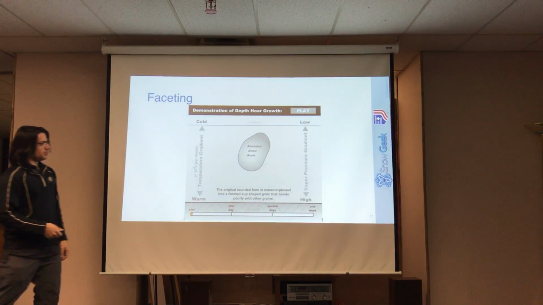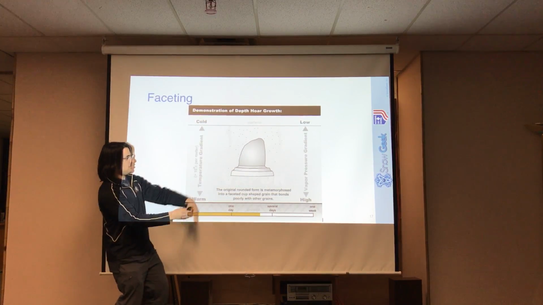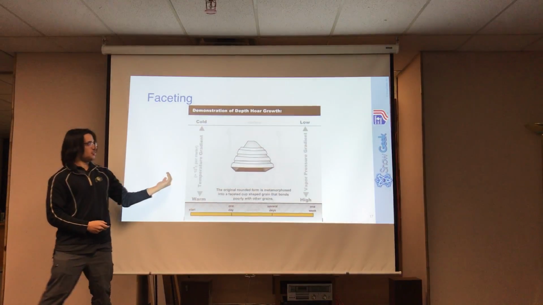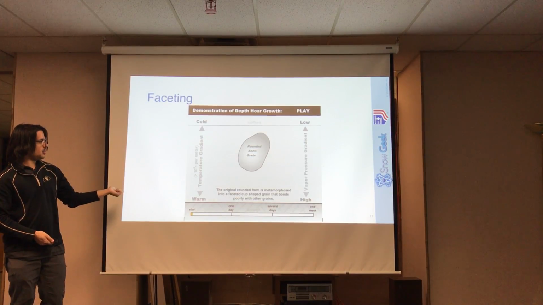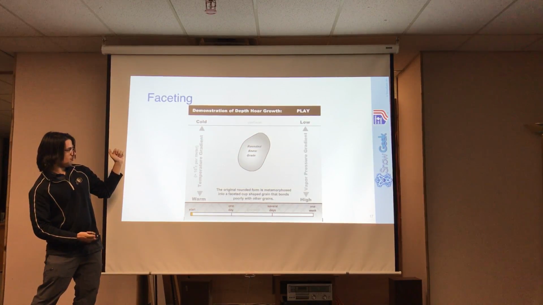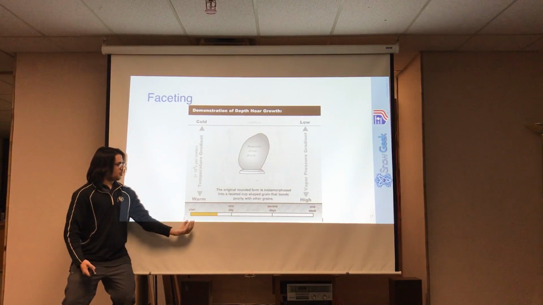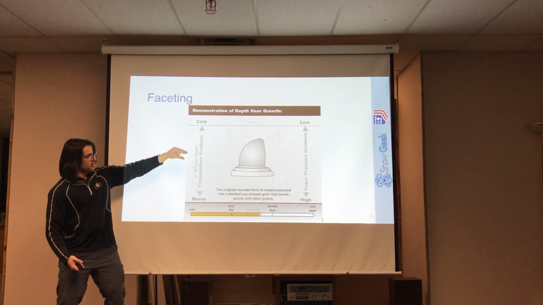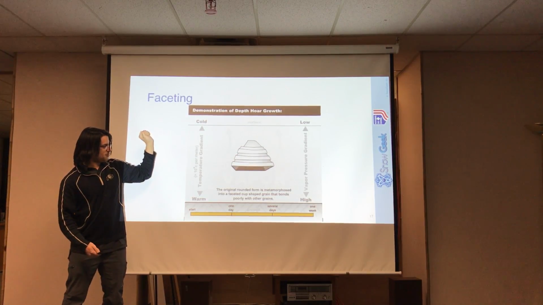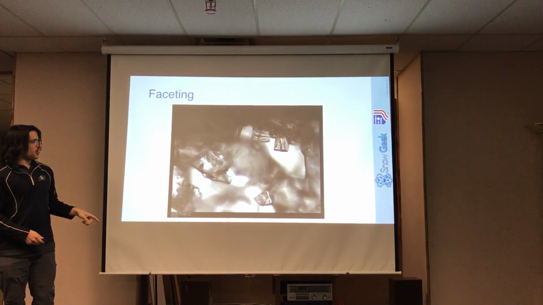So this is an example of faceting. Water vapor is going up, removing from the top, and building up the bottom. I'll play that again. From a crystal somewhere down here, evaporate the top, or sublimate the top, sorry. You get something like that, which in real life, that process looks like this.